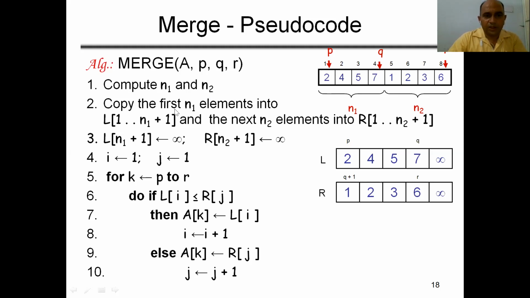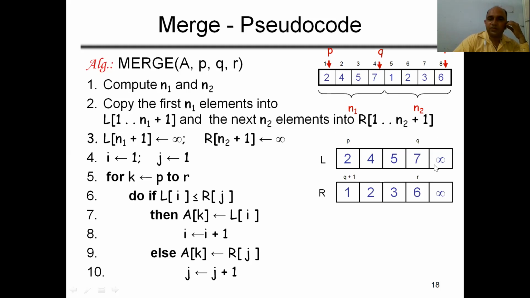Then we copy the first n1 elements into the L array and the next n2 elements into the R array. After that, we put infinity at position n1 plus 1 of L, because n1 is the last position.